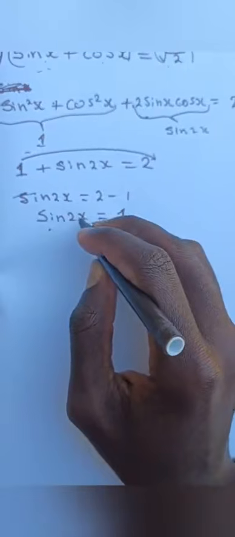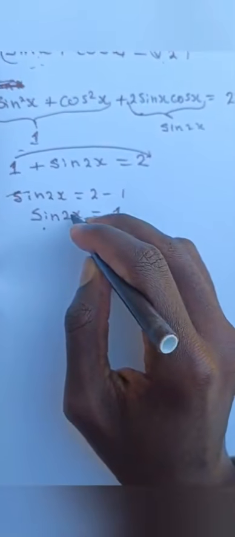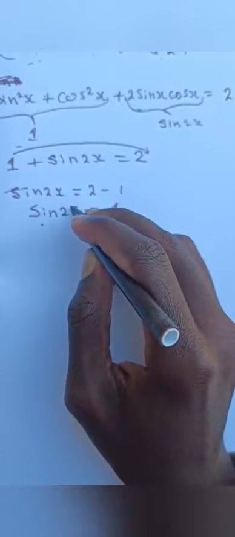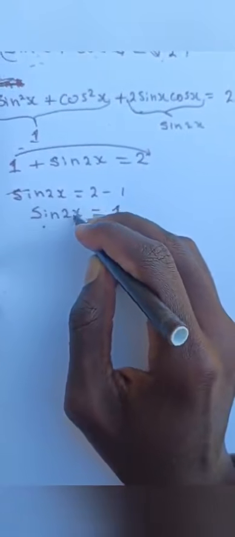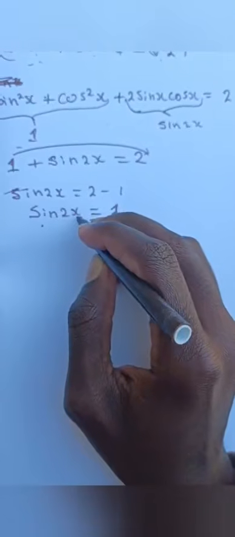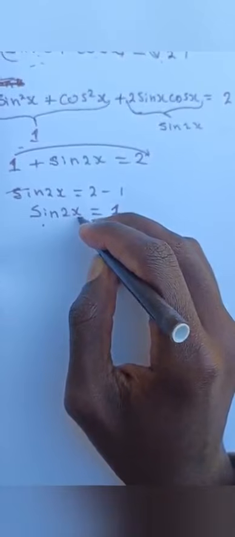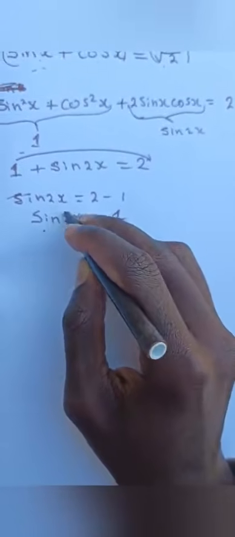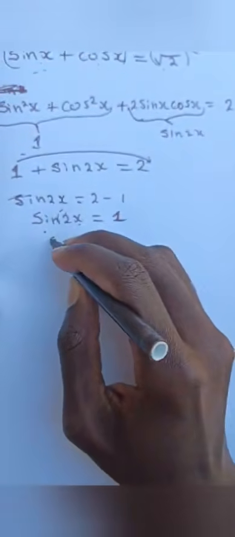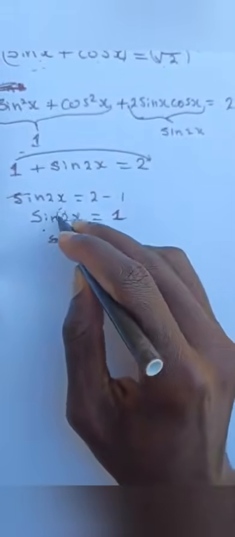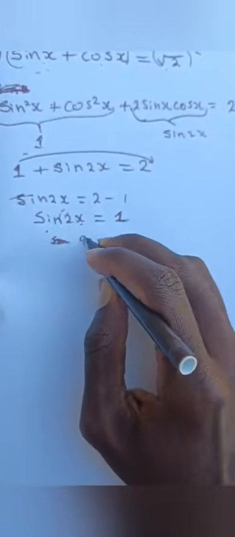So now you're going to ask yourself, what can I put here for sine to give me 1? First of all, when does sine give you 1? Sine will give you 1 when the angle is 90 degrees, right?